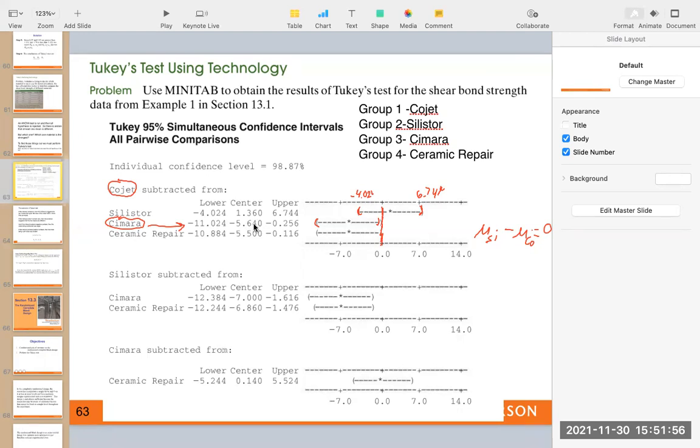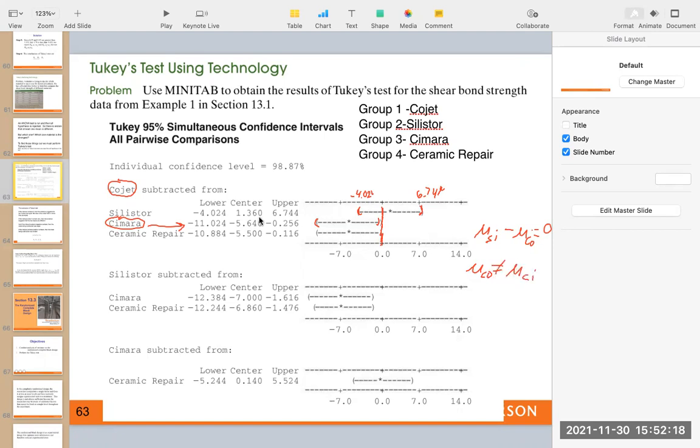So that means we're pretty confident that the difference between those is not 0. If it's not 0, then they're not equal to each other. So we would say we think that the mean of Coget is not equal to the mean of Simar.